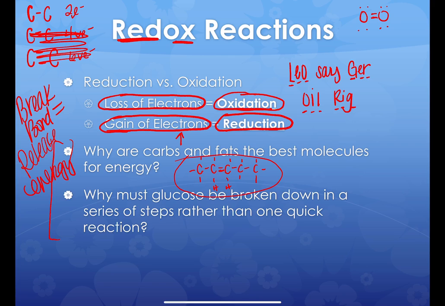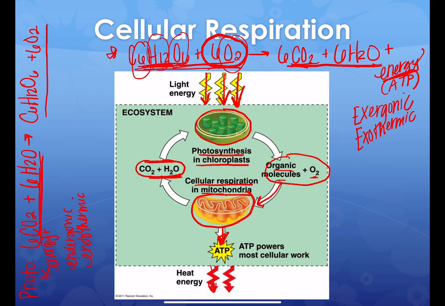Now, the second part that I want to talk about: why must glucose be broken down in a series of steps rather than in one quick reaction? Cellular respiration, as I've mentioned, is the process of breaking down glucose and making energy out of it.